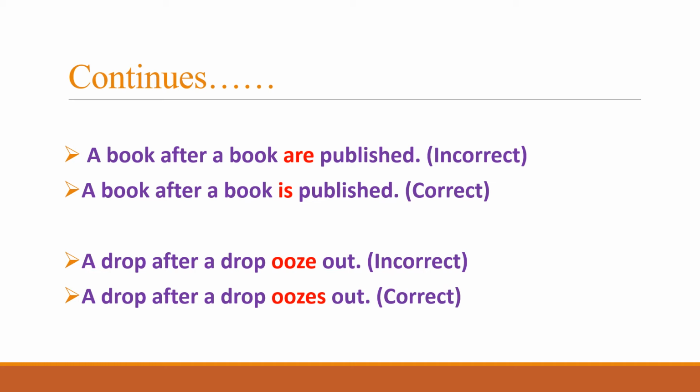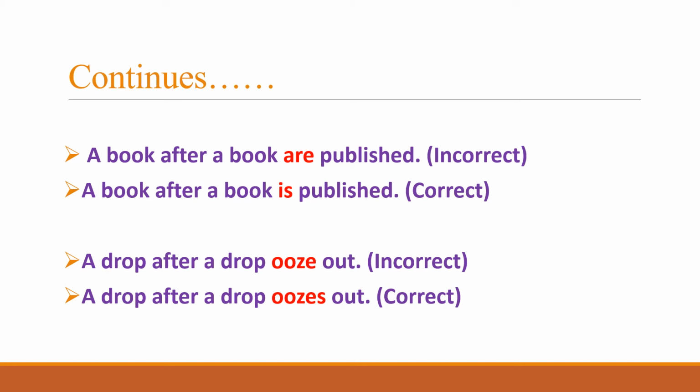So the correct sentence is: a drop after a drop oozes out. So oozes has replaced ooze. Why? Because this structure of the sentence is asking for the singular verb. That is why we have used oozes instead of ooze.